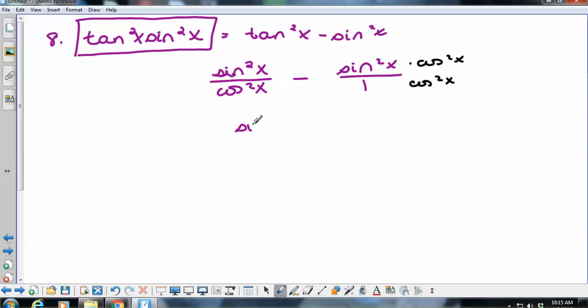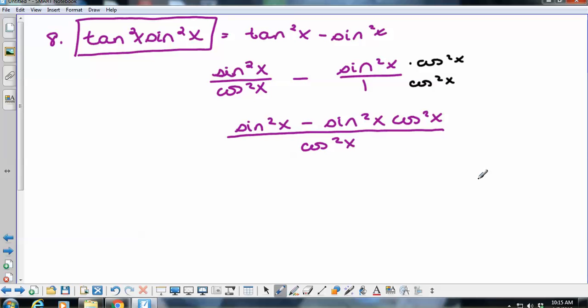So I would get sine squared x minus sine squared x cosine squared x, all over cosine squared x.